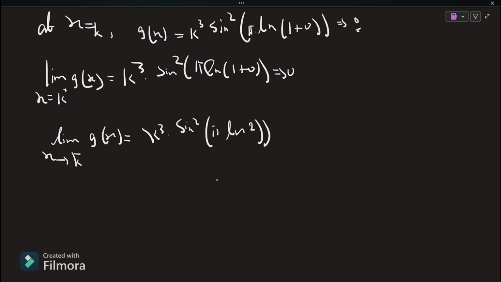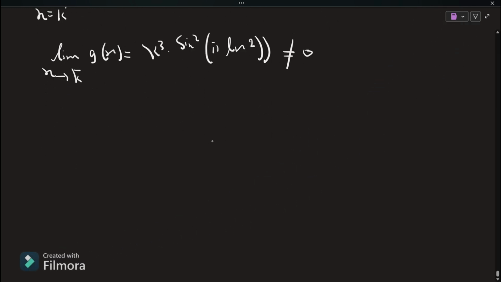Okay, so for the continuity at x equals to k, this value should be 0, but it isn't.